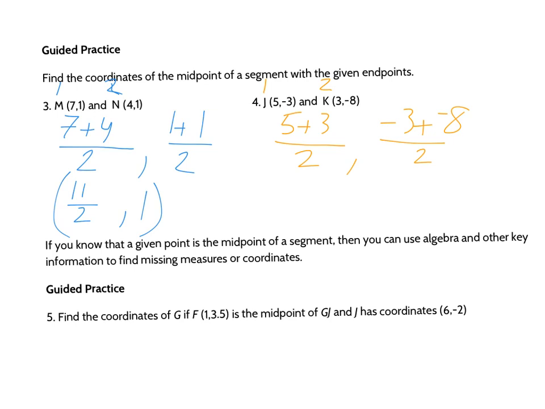Well, 5 plus 3, that's 8 over 2, gives us 4. Negative 3 plus a negative 8, sorry, that's the same as saying negative 3 minus 8, which will give us negative 11 over 2.